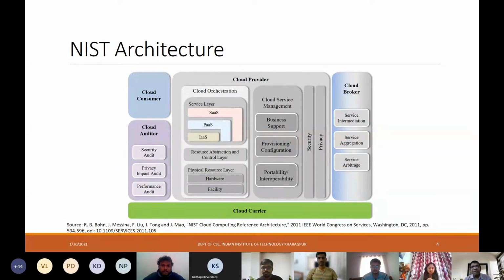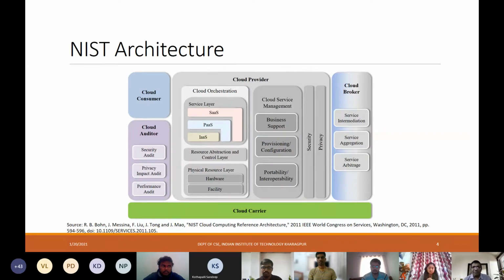So these individual requirements will have to be taken into account in order to offer these cloud services. So this management of individual requirements and provisioning them, packaging them, and offering these different services, this basically is taken care of by this particular component, which is called the provisioning or configuration, right? And then you have the portability or the interoperability.